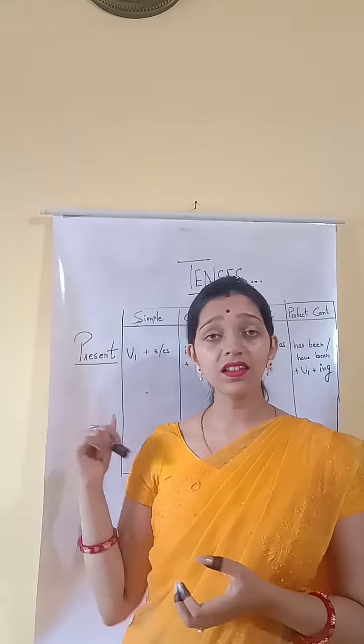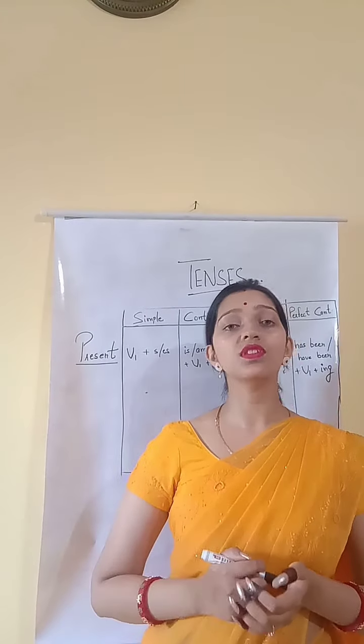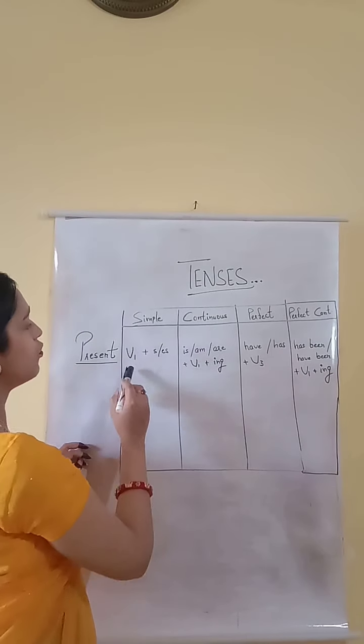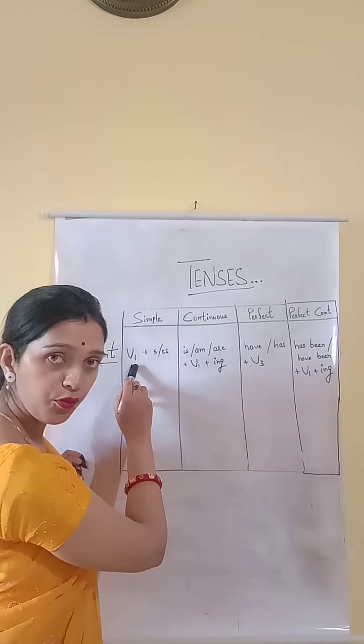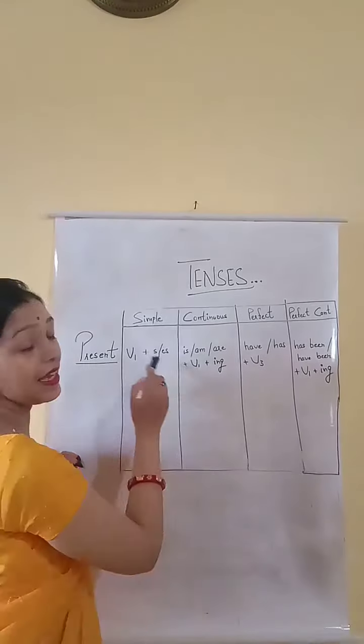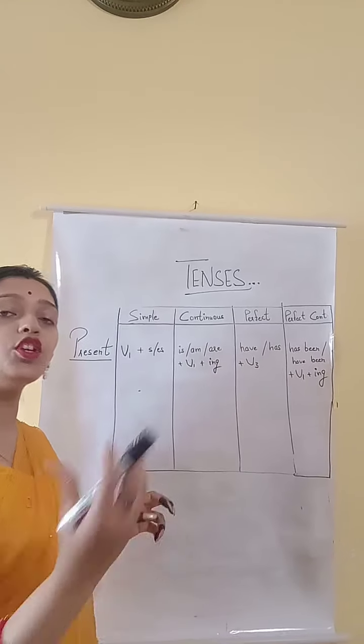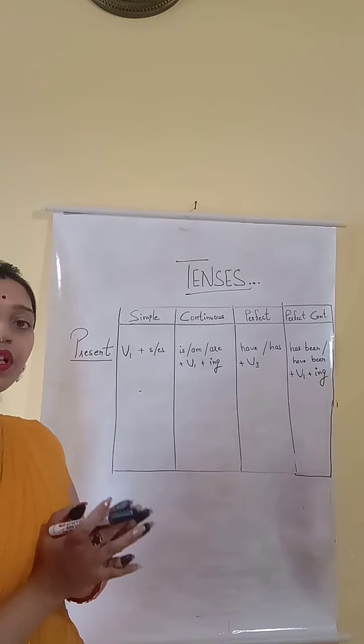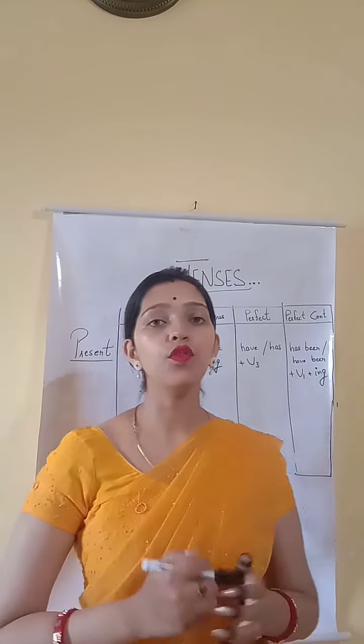So let us see in this chart what is to be used in all types of tenses. So for present simple, you will use first form of verb plus s or es. In the verb, you will add s or es. For example, go. Go is the first form of verb.